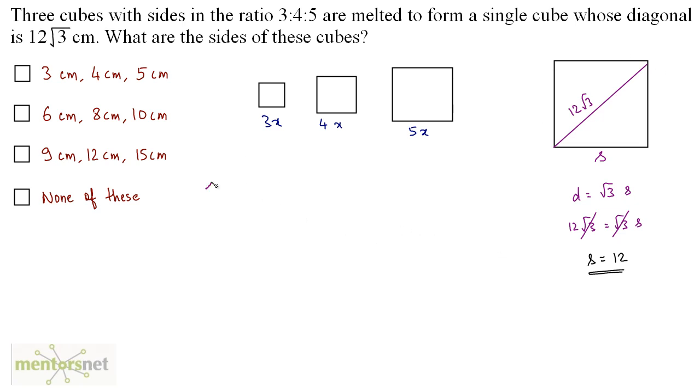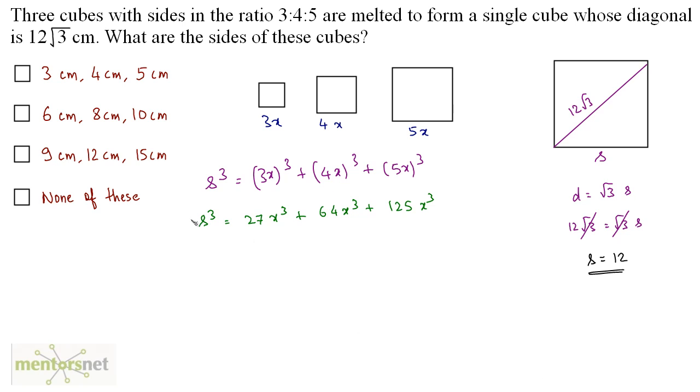So I have s cube is equal to 3x cube plus 4x cube plus 5x cube, isn't it? So s cube is equal to 3 cube, that's 27x cube, plus 4 cube is 64, so it's 64x cube, plus 5 cube is 125, this is x cube, right?